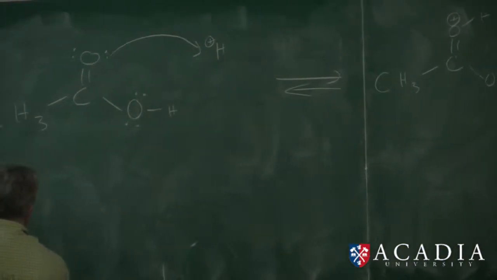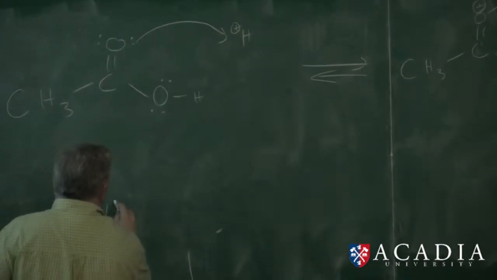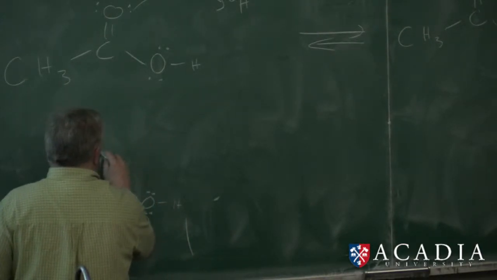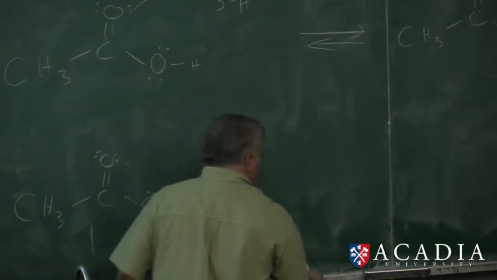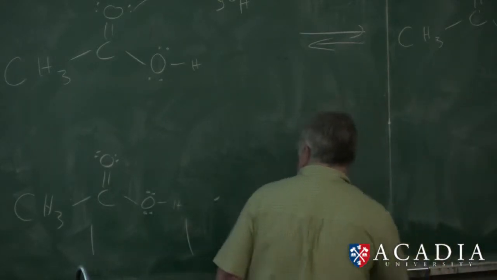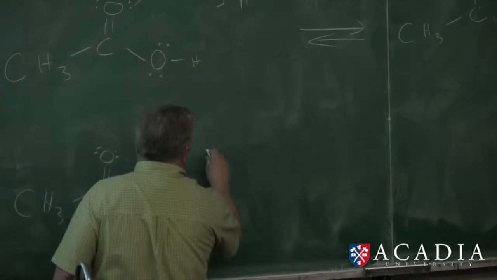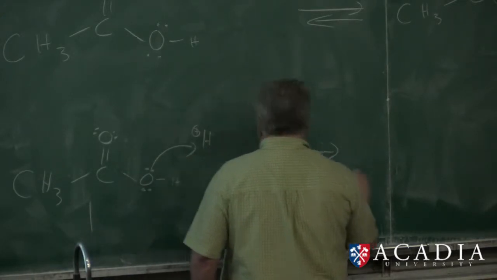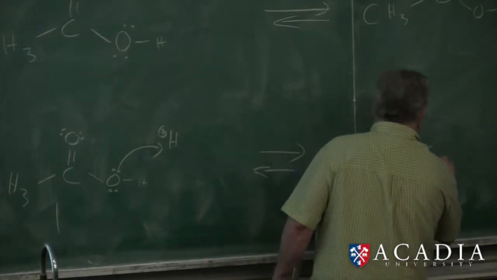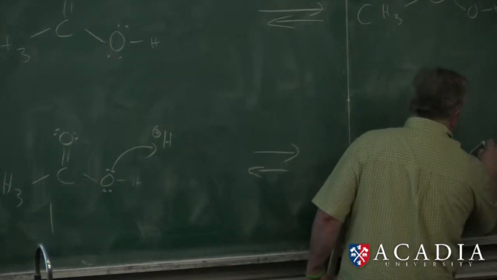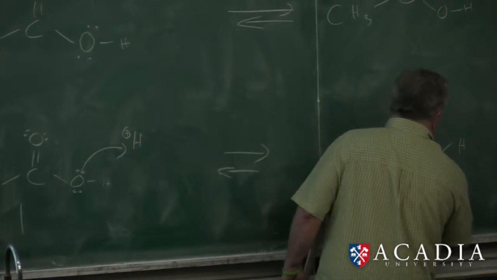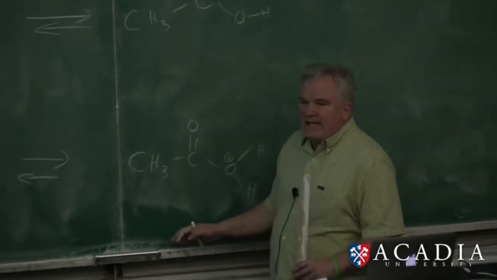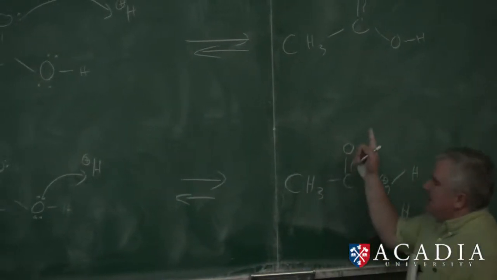Or we could react it with this pair of electrons. So notice now we have two slightly different structures. Which one of these is going to be more stable?